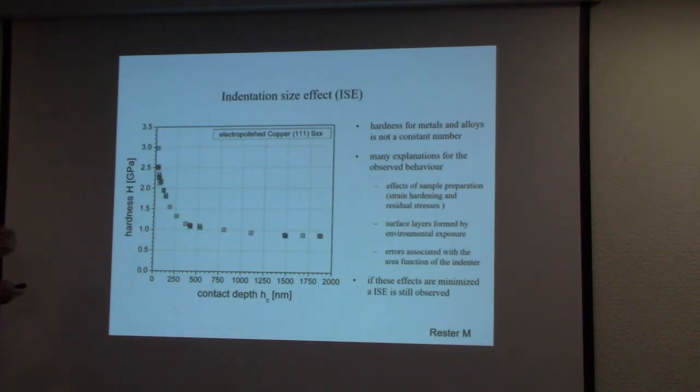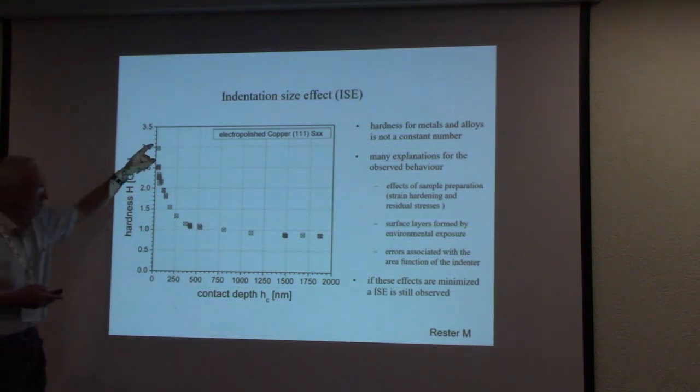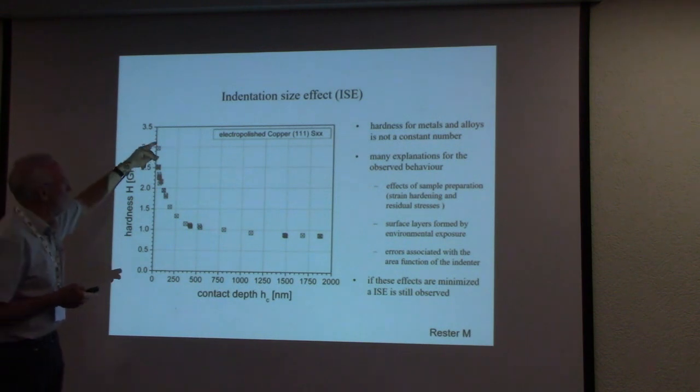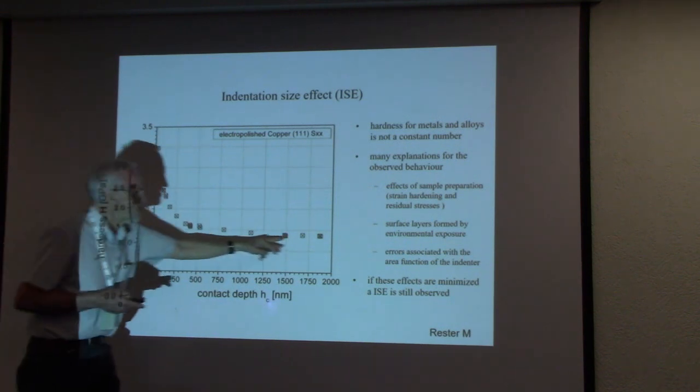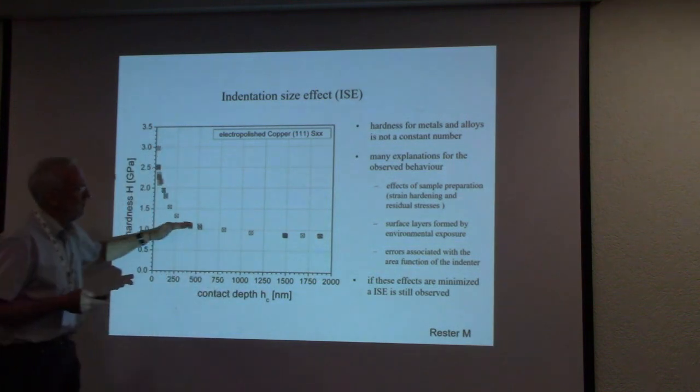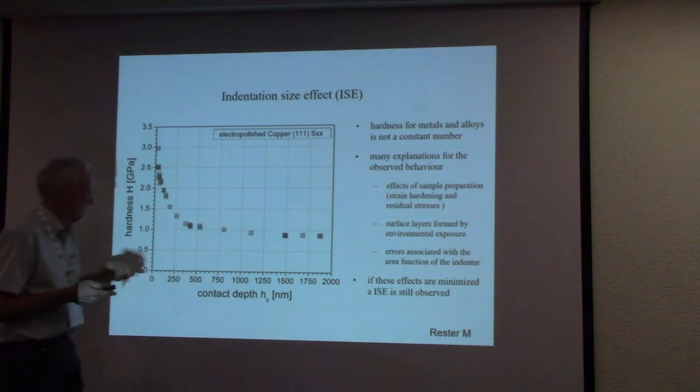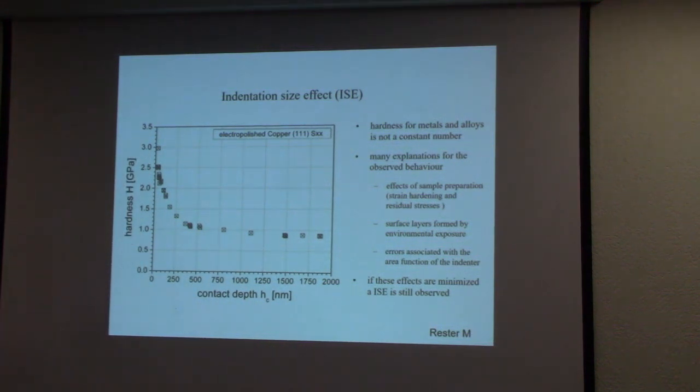So, this is now a nanoindentation experiment, and you see the enormous change of hardness here as a function of the indentation size. In reality, it falls even further. But for this case, you will see this later.